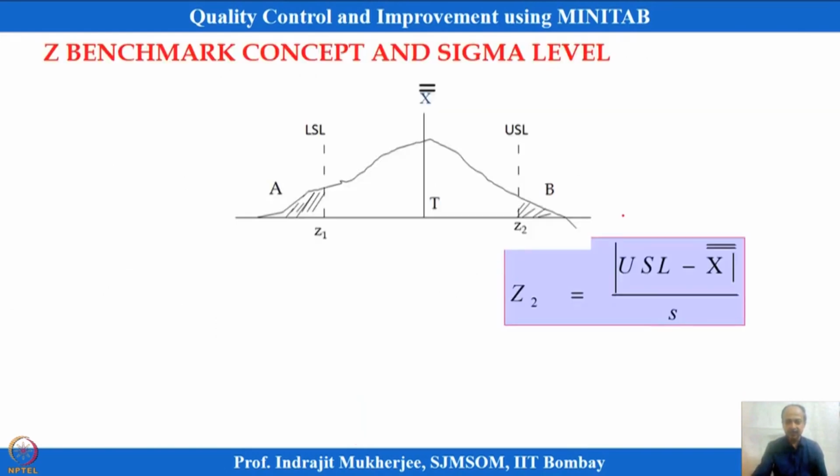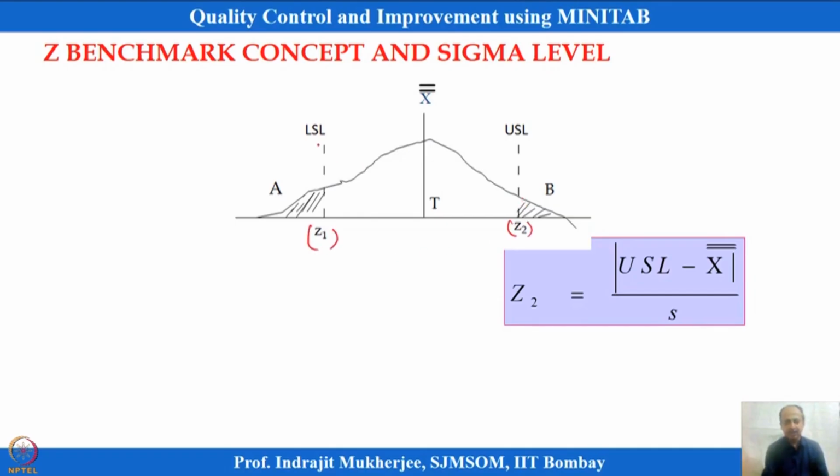And based on Z calculation we can see, and another important concept that we can see in MINITAB is sigma level and Z benchmark. So, MINITAB also reports a value which is Z benchmark. If you have understood the Z calculation, if this is the normal distribution, MINITAB first calculates the value of Z over here.